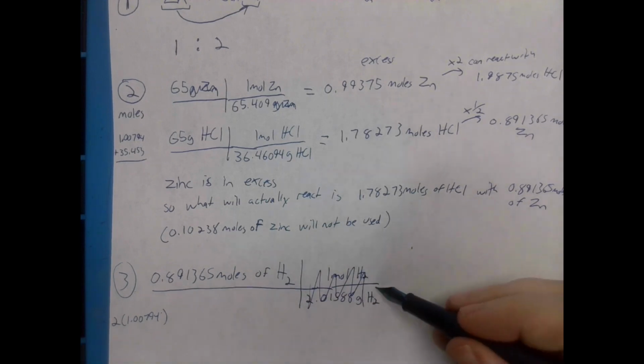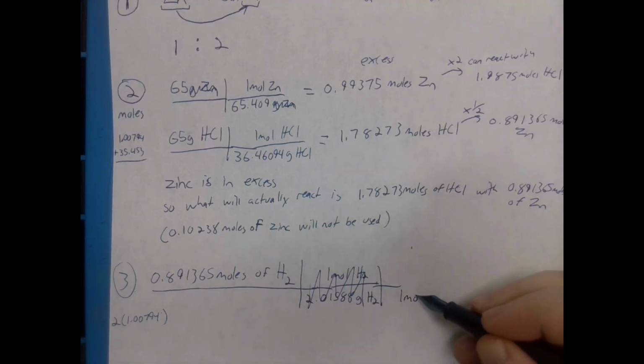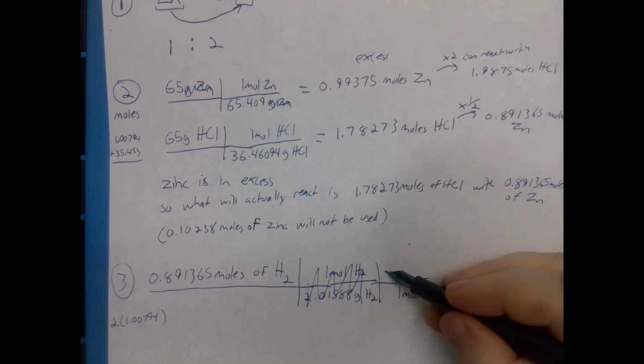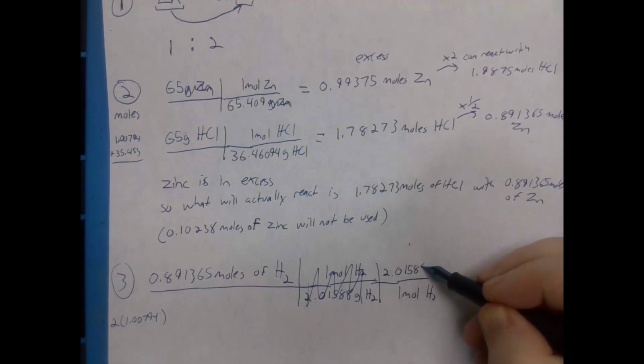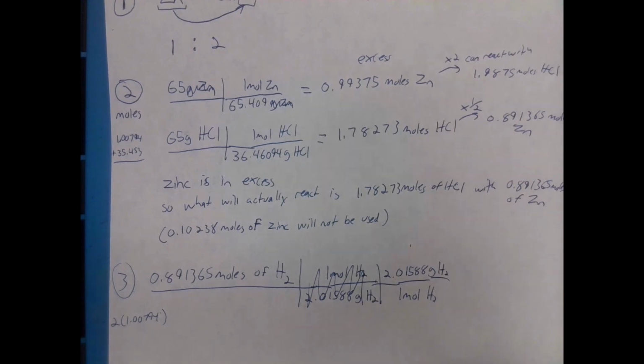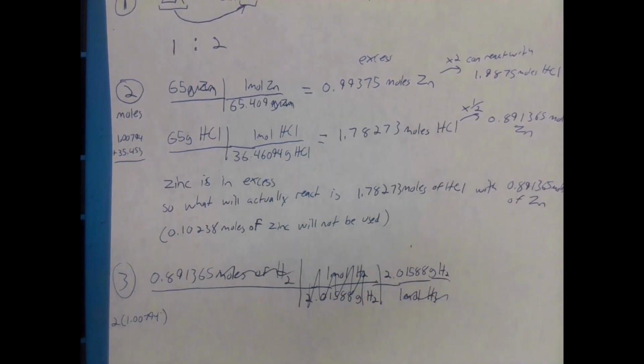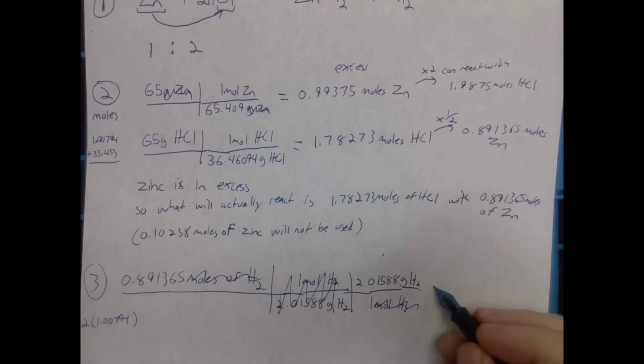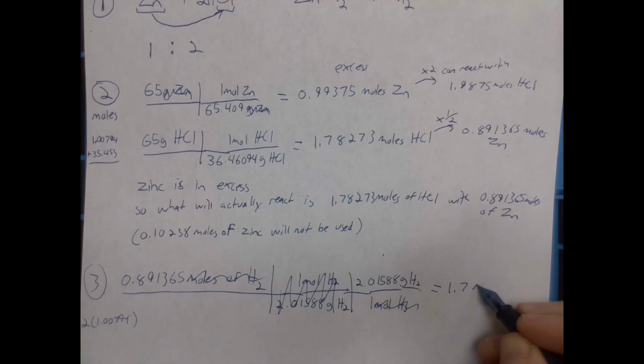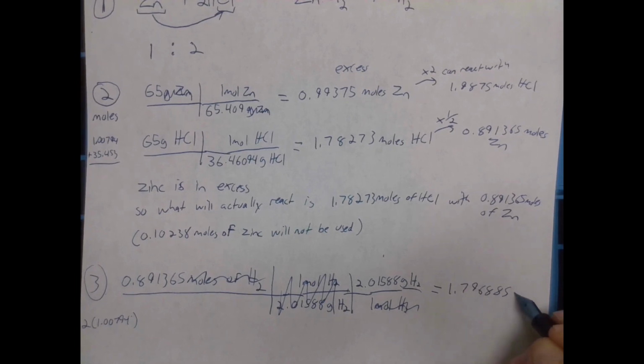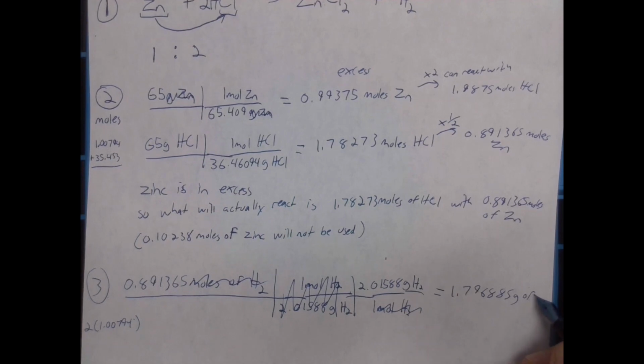That's the wrong way. You should put mole on bottom and grams on top, such that moles cancel out, giving us grams. And we'll end up making 1.796885 grams of H2 gas.